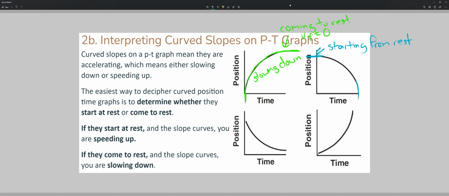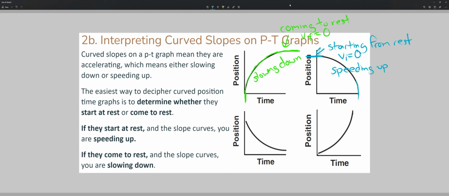That says my initial velocity is 0. And if I'm starting from an initial velocity of 0, that means I'm speeding up, right? As you see the slope curve, I'm essentially speeding up.